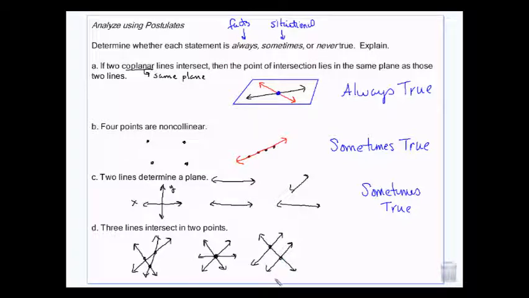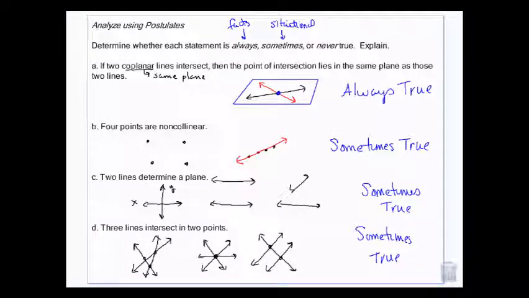That's 2. Well, it's saying intersect in 2 points. This is 3 points. This is 1 point. This is 2 points. Sometimes true. I should have given you an example of a never true.